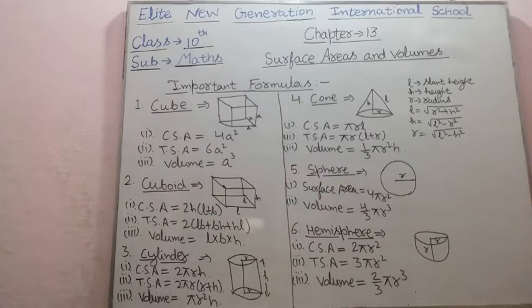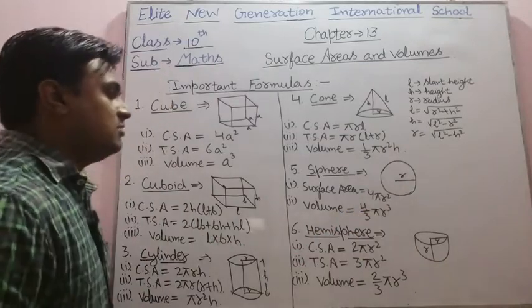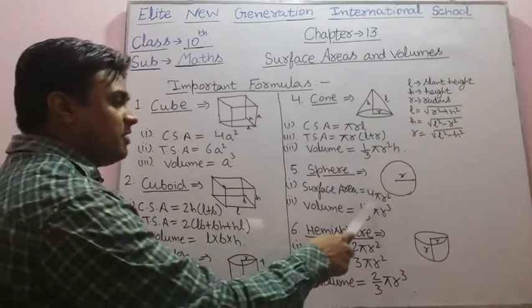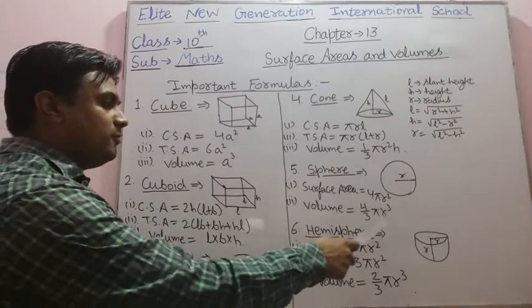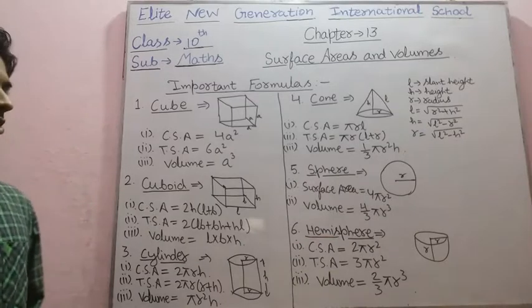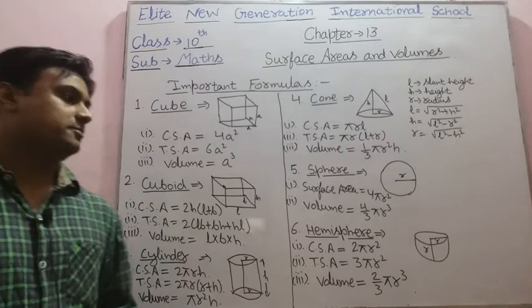Now after this is sphere. If R is the radius of a sphere, then its surface area is given by 4 pi R square, and volume is given by 4 upon 3 pi R cube. Now after this comes hemisphere. Hemisphere means half of the sphere.